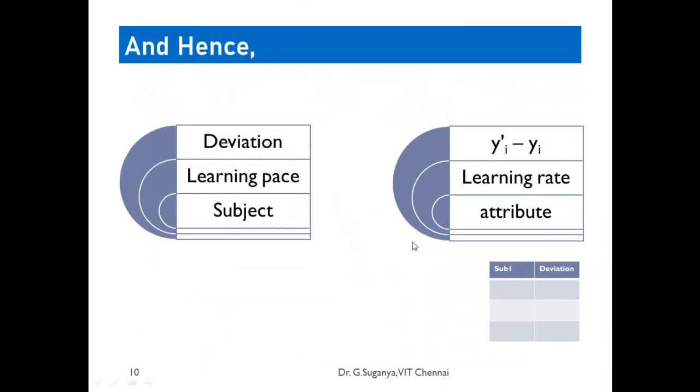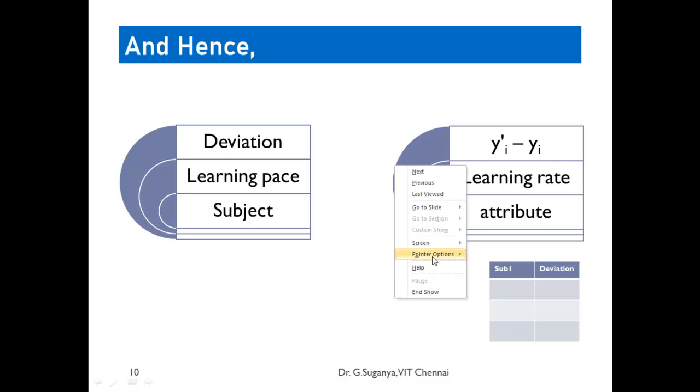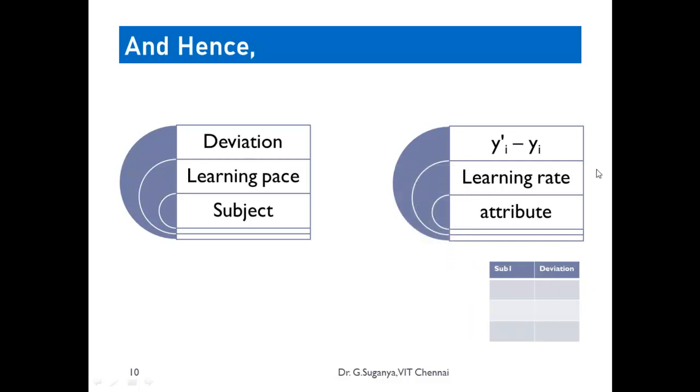These three values came from here. This learning rate is what we call alpha, and the attribute is what we call xi. And this we'll take as such.